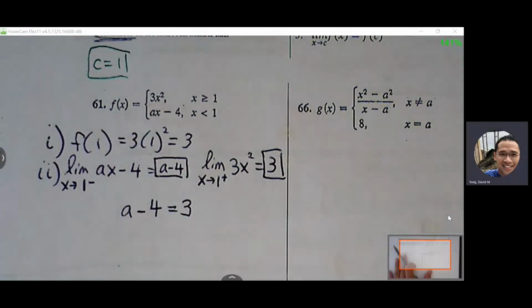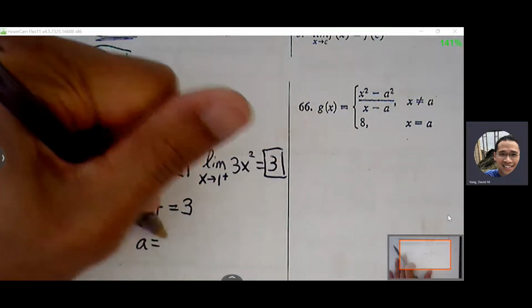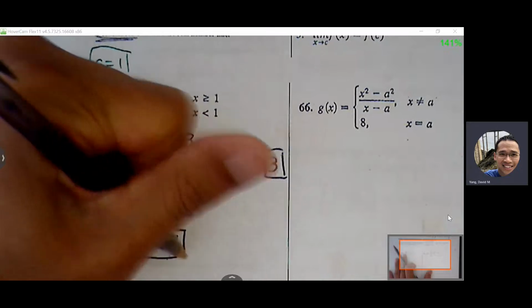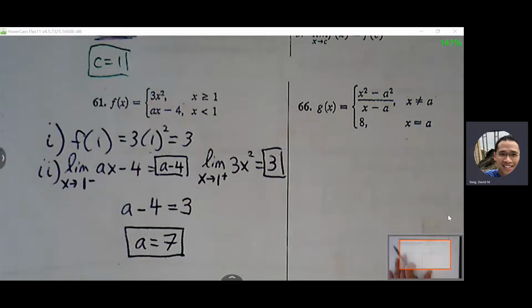Now we have an equation in front of us. Can we solve for a? a equals 7, that's all we need. So we didn't have to do too much, right? If we just follow the directions, we're going to eventually solve for whatever variable the problem is asking for. Any questions?